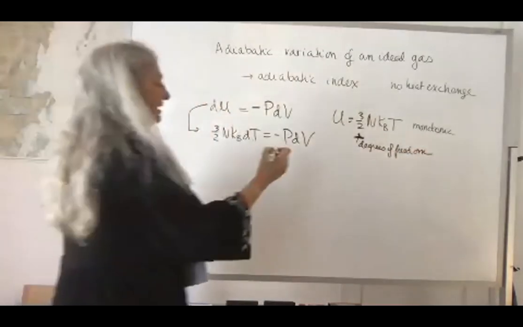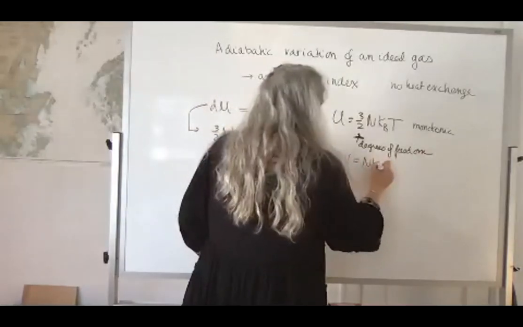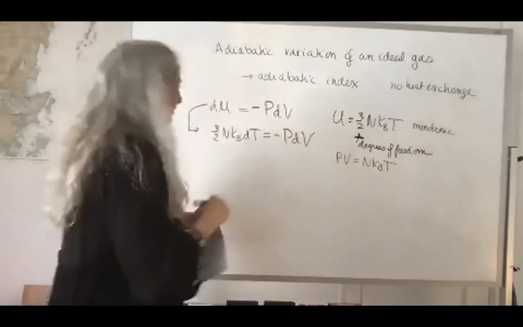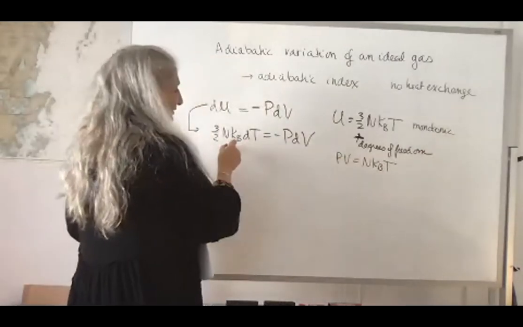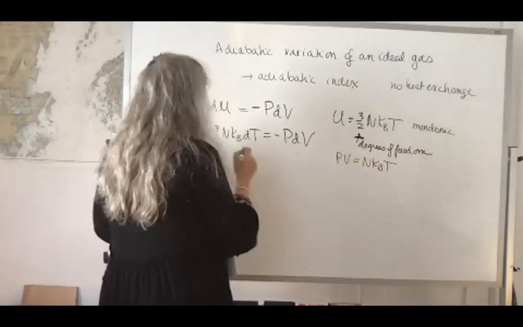Okay, so we also have the ideal gas law, which is PV equals N kB T. So I'm going to divide this side of the equation by N kB T, and this side by PV.